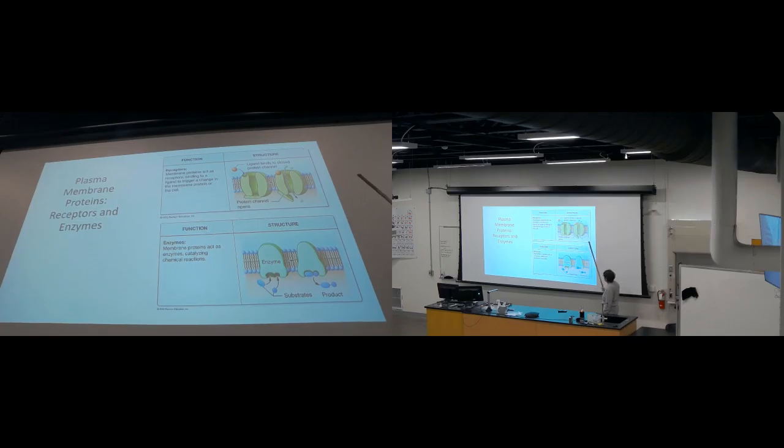So an example will be the acetylcholine receptor. Acetylcholine is a signaling molecule, or a neurotransmitter, that once the cells receive this acetylcholine, they can open the gate so that the sodium can move across.